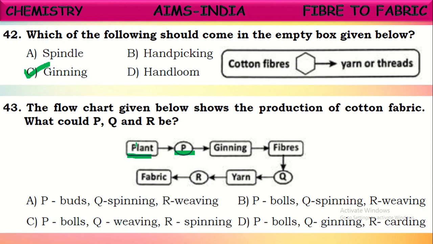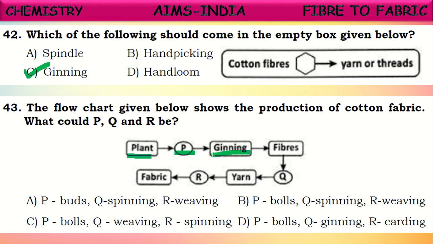Suppose if it is cotton, cotton plants give cotton balls, isn't it? So these cotton balls are collected. These cotton balls contain cotton fiber as well as cotton seeds. There cotton seeds are separated from the cotton fiber by the process called ginning. It is given here.